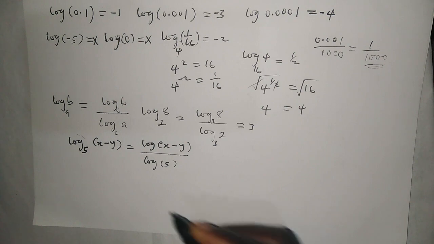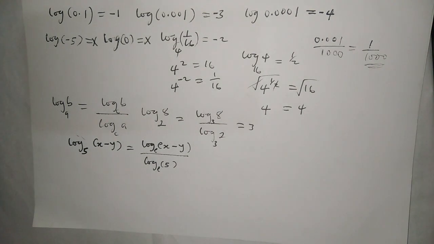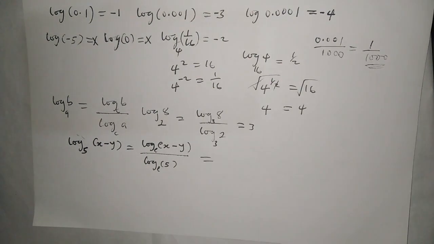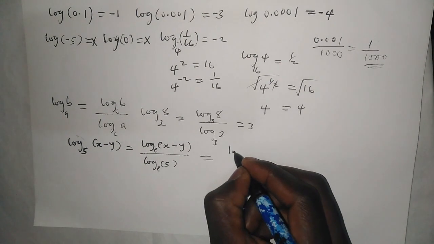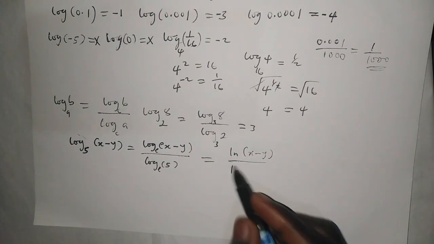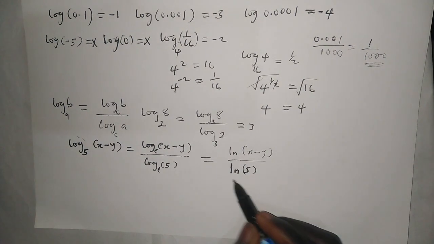So in this case, we say base e. Base e, that's exponential. Now we know that log base e is the same as ln. So it is ln of x minus y all over ln 5. So this is an easy way of changing log to natural log.